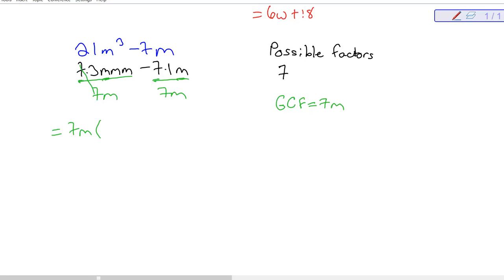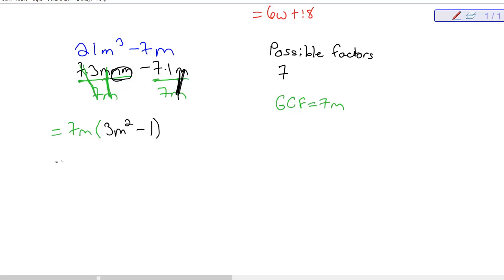And so notice what happens is the 7's cancel and one of the m's cancel here, leaving me with a 3, and I still have 2 m's here, so that's m squared. Now then, a negative 7 divided by a positive 7 leaves me with a negative 1, and my m's canceled, so I'm just left with a negative 1.